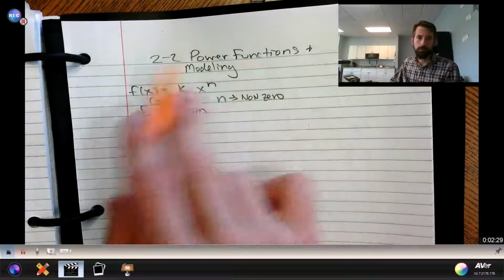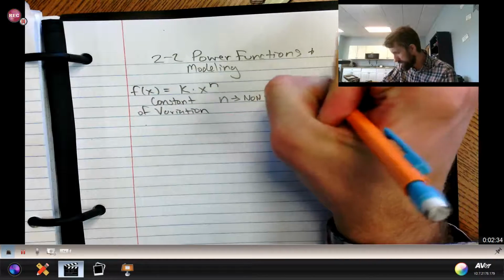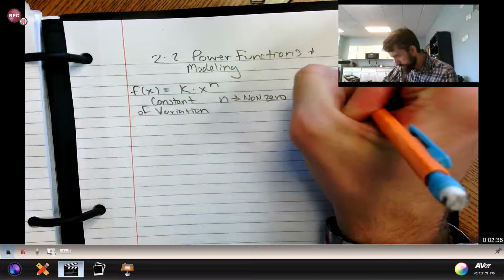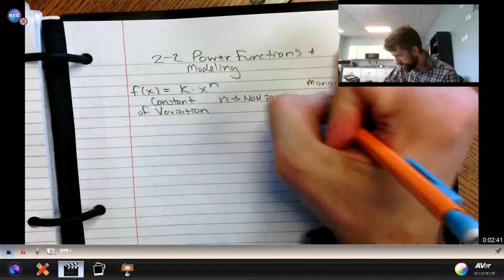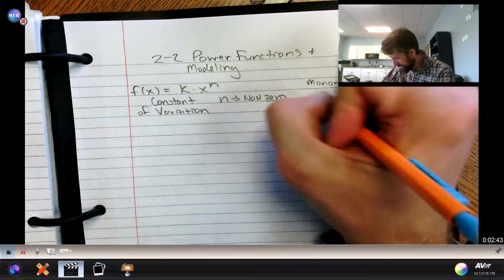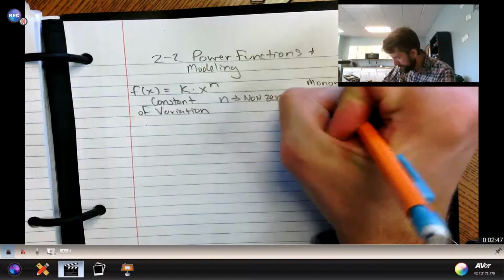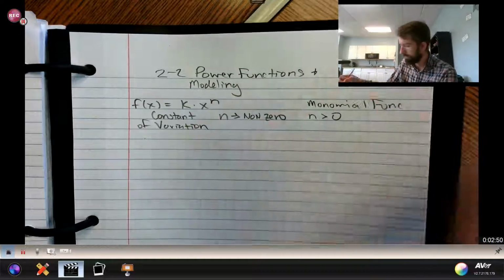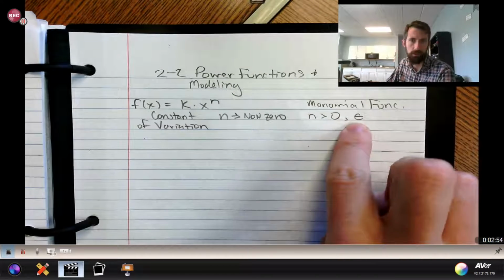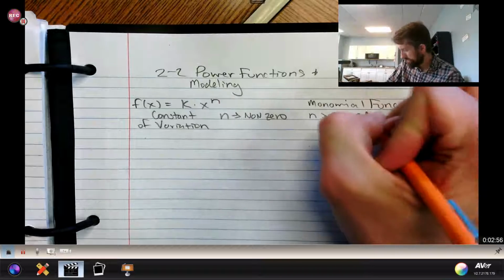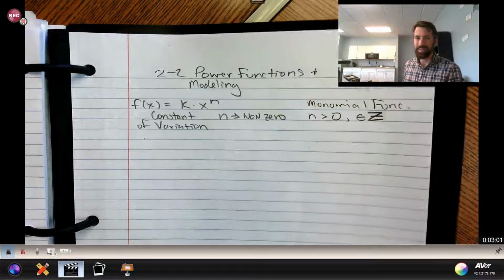It is from this power function that we will also learn today about monomial functions. This is where n is positive, and it is an integer, that's what that little symbol is, the bolded Z represents integer.